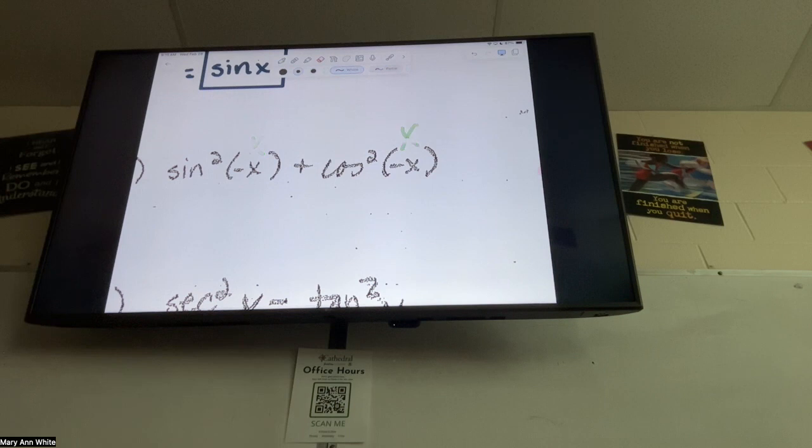However, if you think of these as just any angle, you can have any angle there. The angle could be negative x, it could be 30, it could be like 720. It doesn't matter what it is, as long as they're the same, you can have sine squared of that plus cosine squared of that equals what, Chase? 1. That's it. So that answer is just 1.